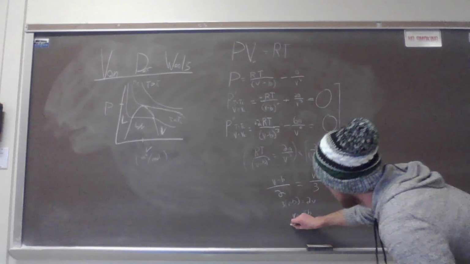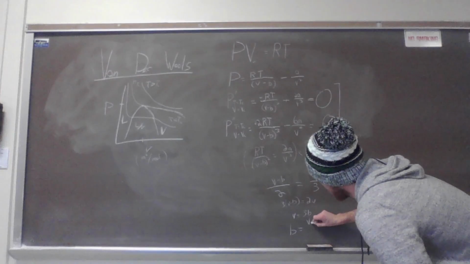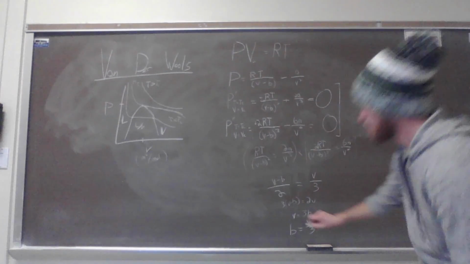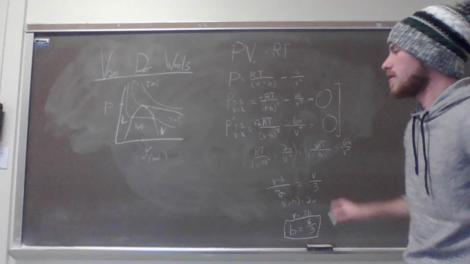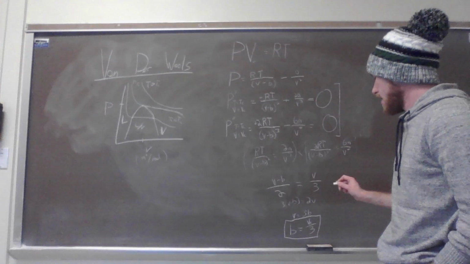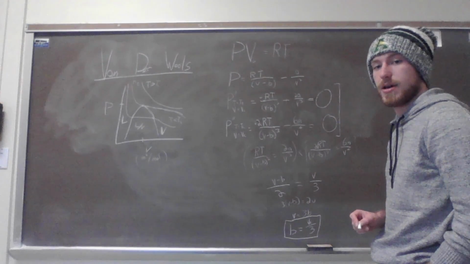When we solve that, divide by 3, we get B is equal to critical volume over 3. So, the critical specific volume divided by 3 is B. That's a pretty significant discovery.